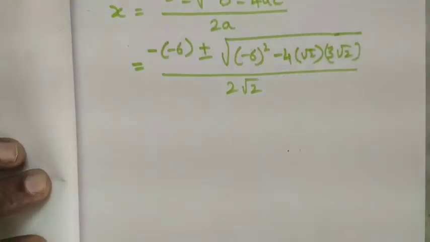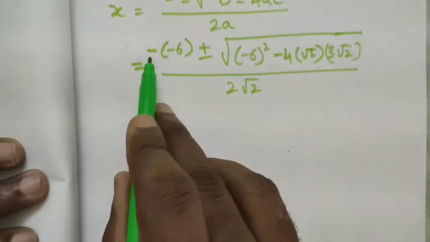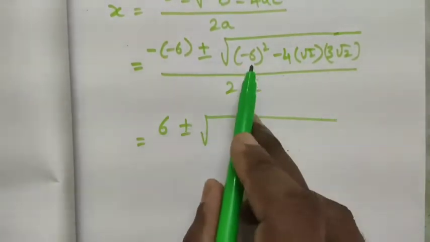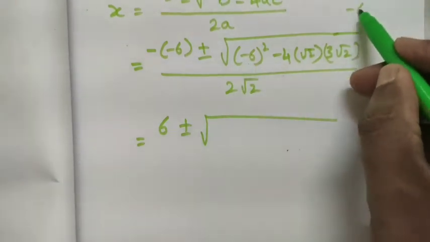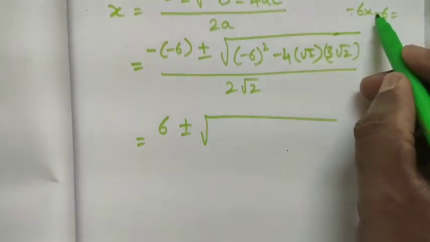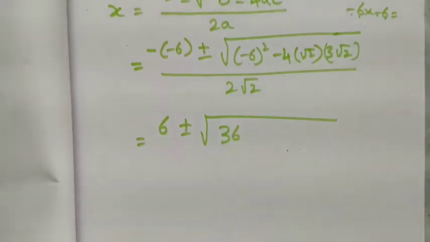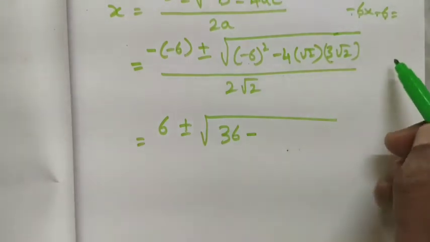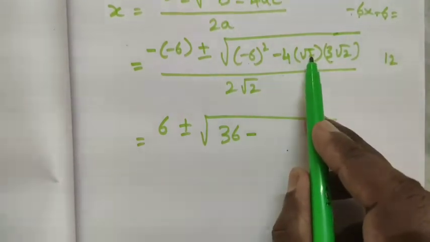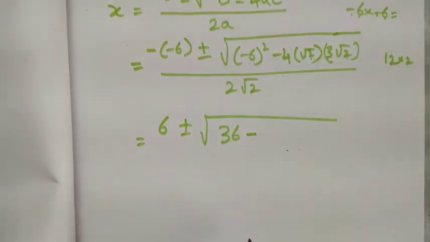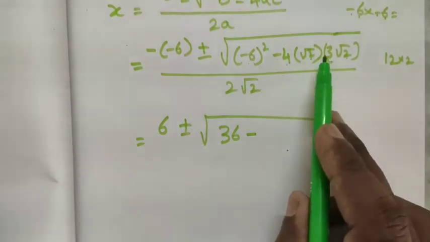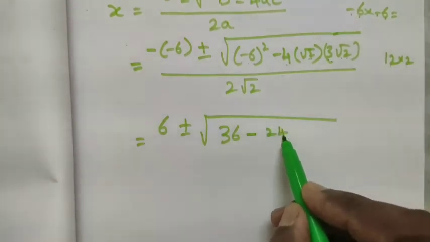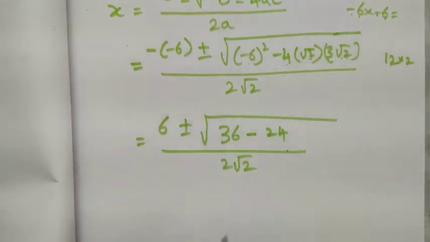Now the first step: minus into minus gives plus 6, right? Plus or minus the root of −6 into −6, which is plus 36. Minus 4 into 3 is 12, and √2 into √2 is 2, then 12 2s are 24, divided by 2√2.